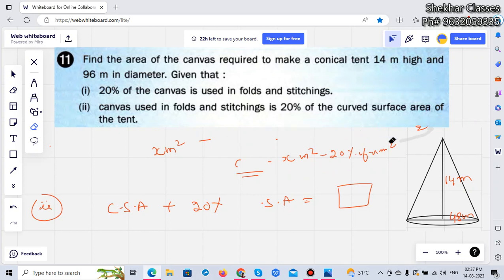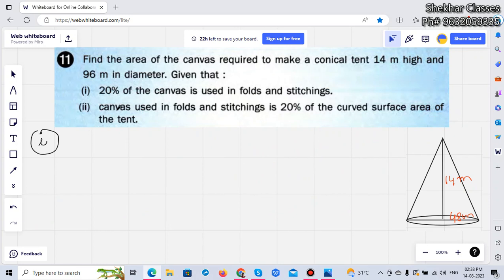Now we will start solving the question, since I have explained this. All right, so we will take the given. 20% of the canvas used. So we'll say let the area of canvas bought, or canvas originally, be X meter square.